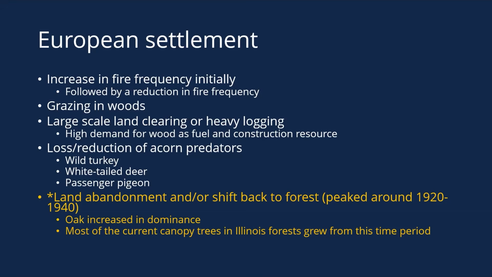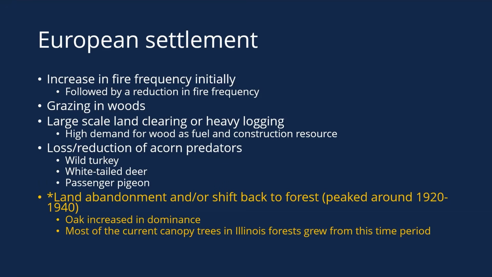And then all of that was followed by large scale land abandonment and a shift back to forest. Somewhere around the 1920s to 1940s, we saw a lot of land that had been cleared and heavily logged allowed to go back to forest.